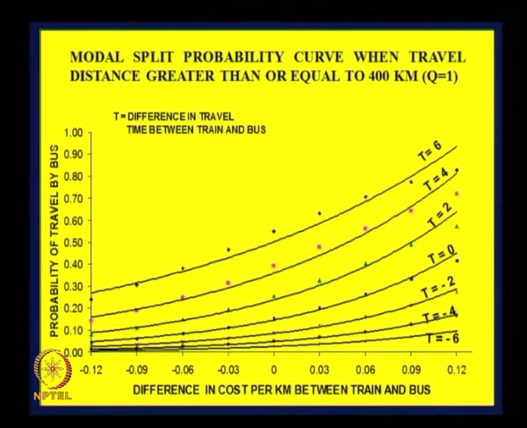First, when the travel distance is greater than 400 kilometers, with dummy variable value to be 1.